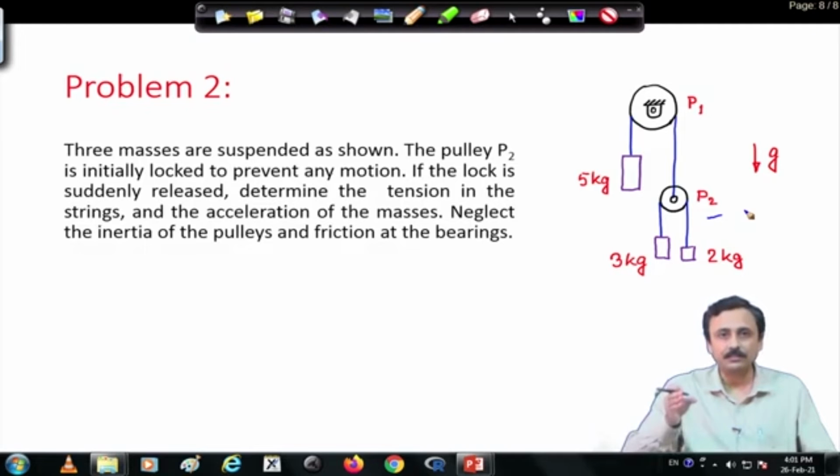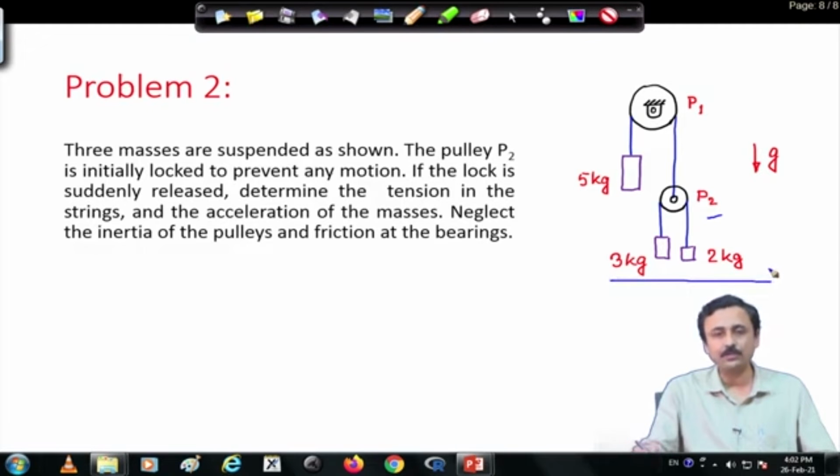The 3 kg mass will apply a greater force, so it will have a tendency to go down. But suppose P2 is locked and the string is not slipping on P2, then I can lock this configuration in static equilibrium.